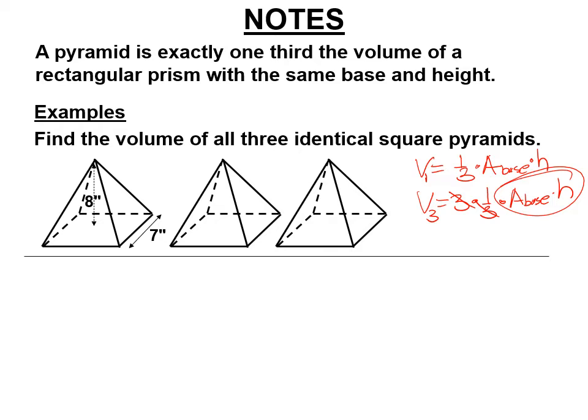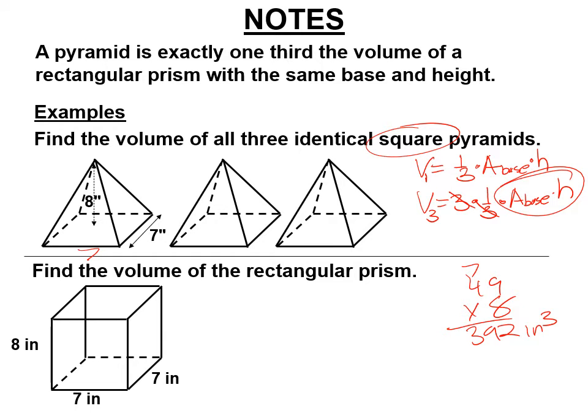The area of the base, it says they're square pyramids, so it's 7 times 7, 49, and then 49 times 8. 8 times 9 is 72, 8 times 4 is 32, plus 7 is 392 cubic inches. Those little marks are inches. So the whole thing is 392 cubic inches.